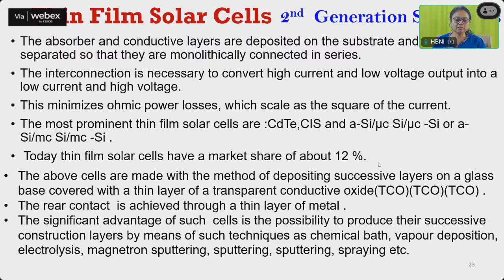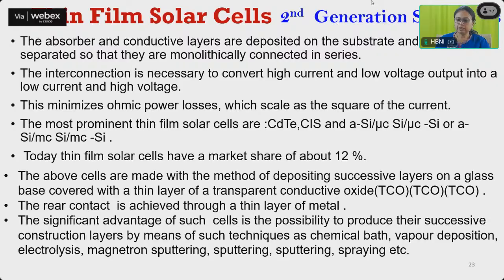Today's second question is: why is the efficiency of a multicrystalline solar cell less than the efficiency of a single crystal solar cell? So this is a simple question. So we have got two questions till now.